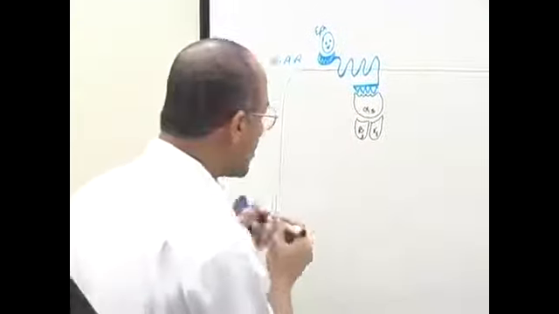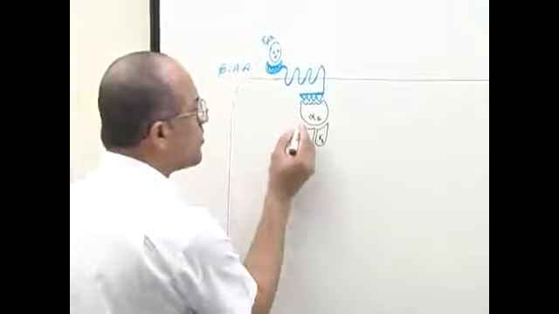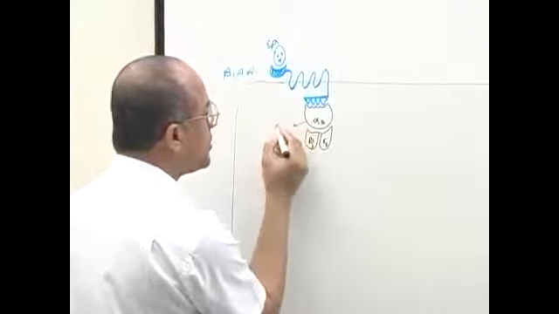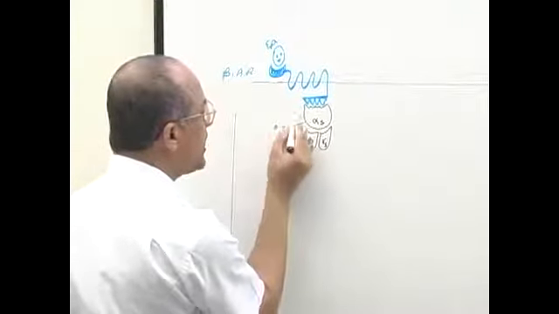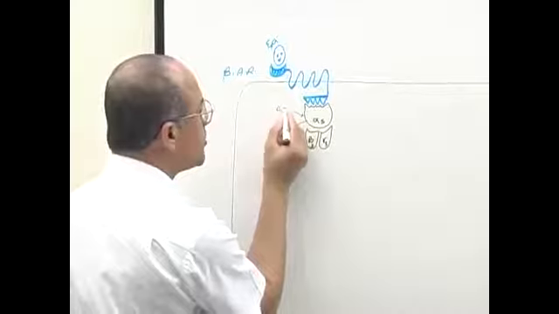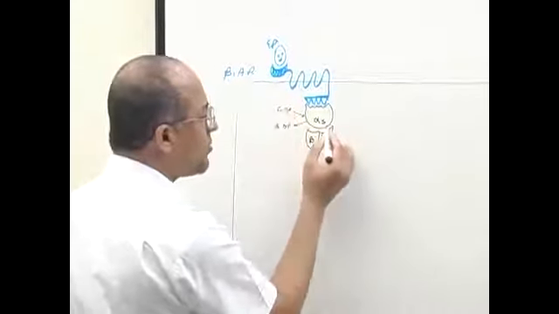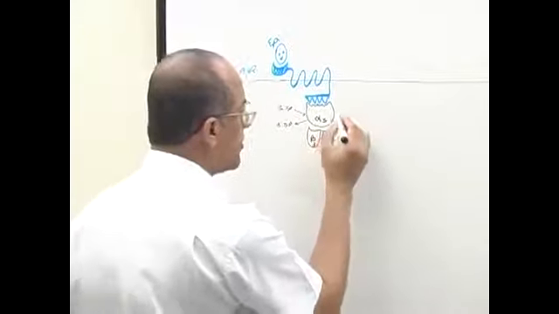The alpha component of the G stimulatory, and then of course the alpha component on stimulation loses GDP and acquires GTP.